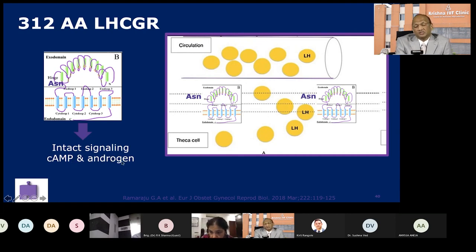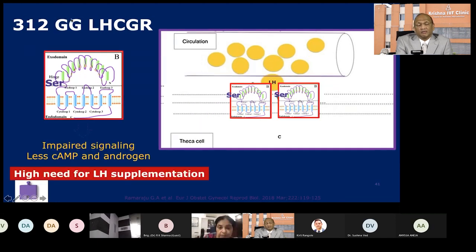So, in these patients there is no need for LH supplementation. When it comes to 312 G by G, the amino acid is changed to serine, and in these patients there is impaired cellular signaling within the granulosa theca cells, less cyclic AMP is produced, less androgen is produced, and here there is a need for LH supplementation.